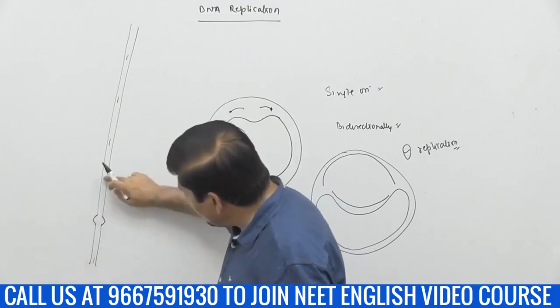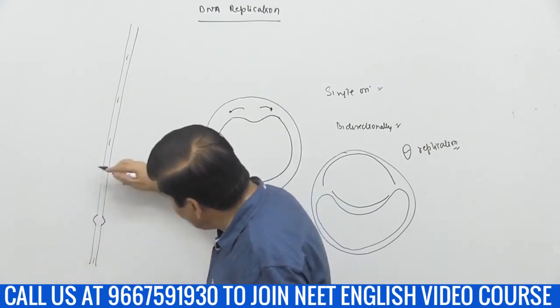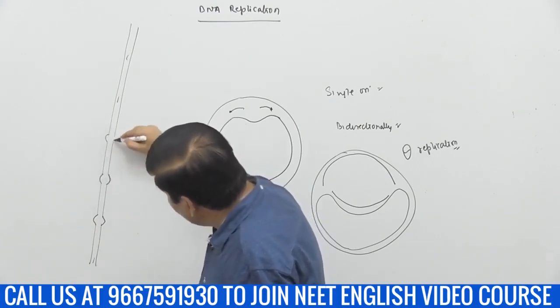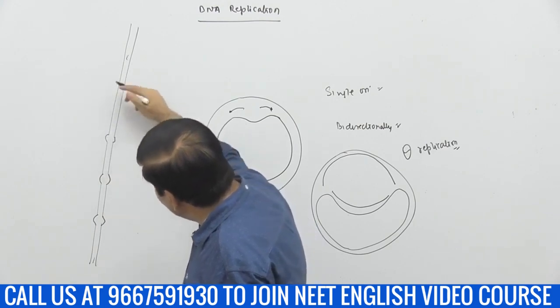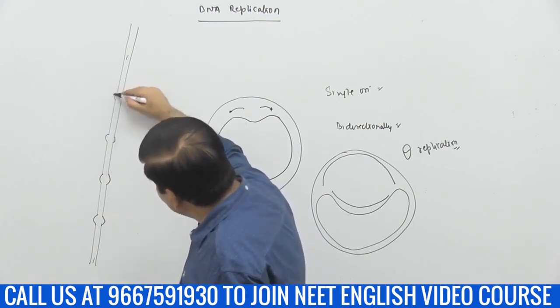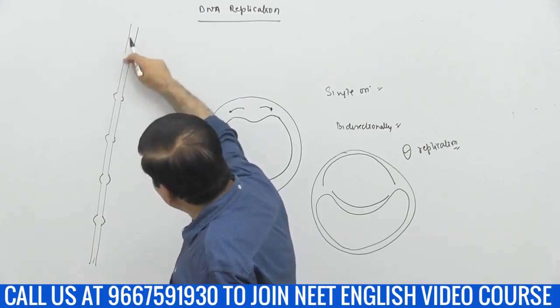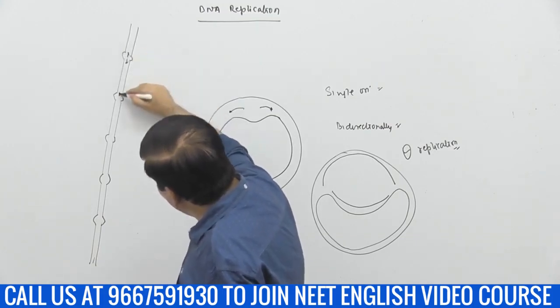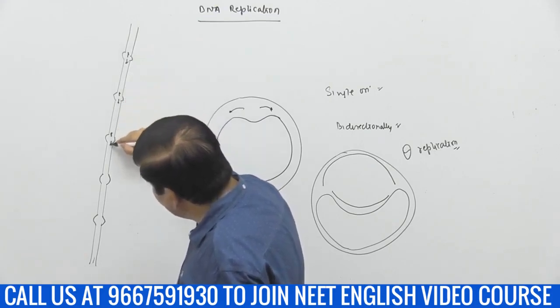Here again you can see a cut has been made, and something like this will happen, what is called a bubble. You can see replicating DNA having some bubbles. This is where the replication has started, and here as well the replication fork moves bidirectionally.